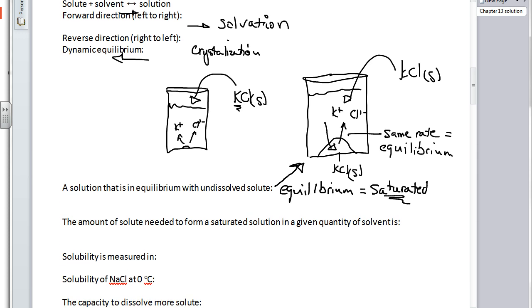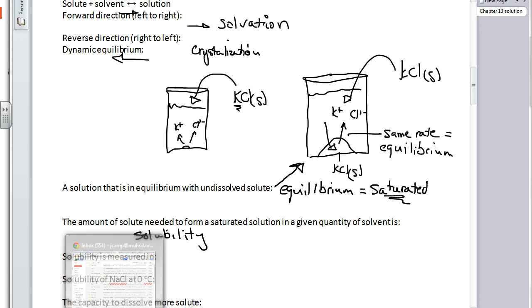The amount of solute needed to form a saturated solution, in a given quantity, is what we call solubility. And so different substances have different solubilities. It's how much solid can dissolve in a given amount of liquid.